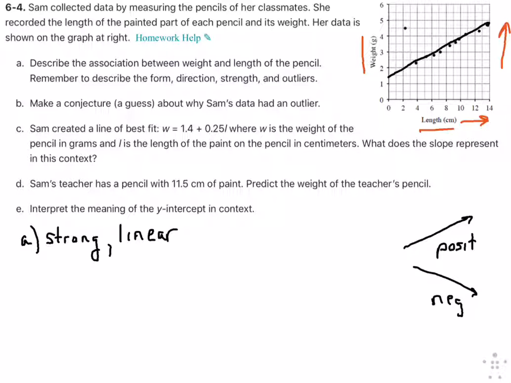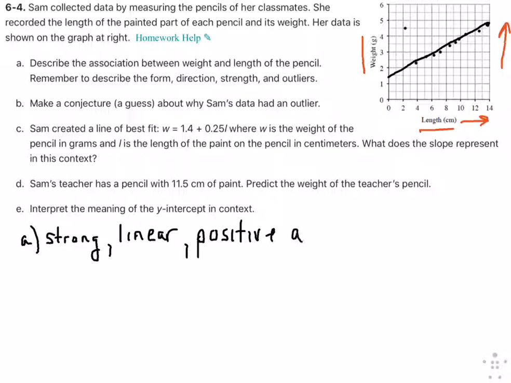So in this case, it's clearly going uphill, so we would say it is positive association, or correlation. I'm going to write correlation under here because correlation is probably the more typically used math term.